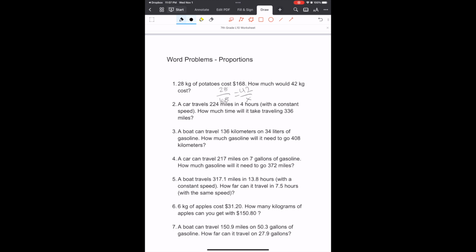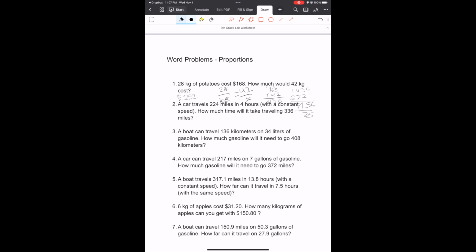So we're just going to do what we've been doing. 168 times 42, and then you're going to divide that by 28, and your answer should be $252.